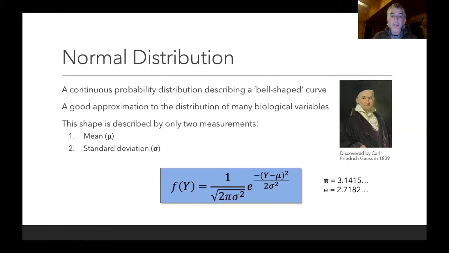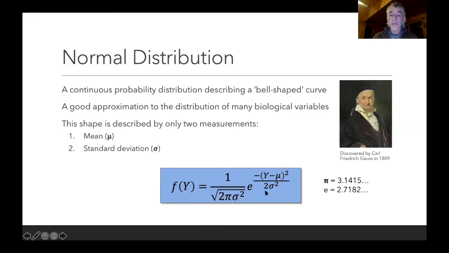Now here we have the equation that describes the normal distribution, and it looks really quite complicated. We're simply reporting the frequency of each observation with value y by some complicated formula. Now, there are a lot of terms in this formula, but the only variables in this formula are the population mean, indicated by mu, and the population standard deviation, indicated by sigma.